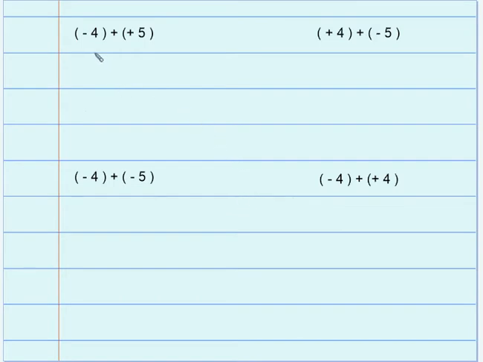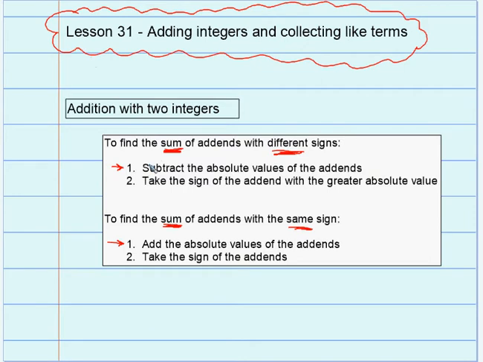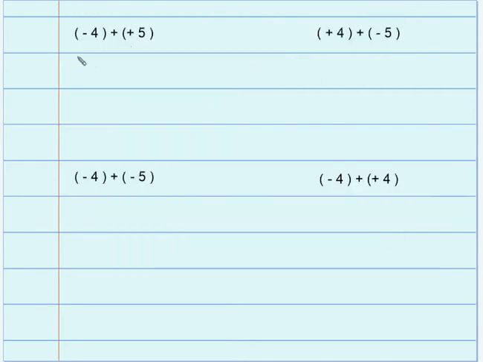The first one, -4 plus +5. Okay, so I am adding, and I notice that they have opposite or different signs. So that was the first one here. I need to subtract. So first I need to find the absolute value of each of these and write that down.